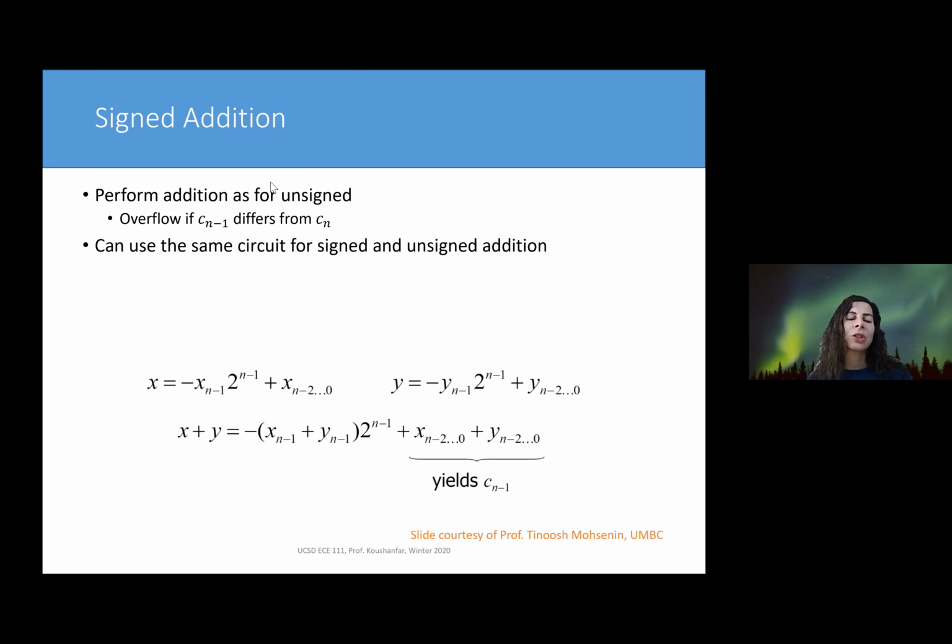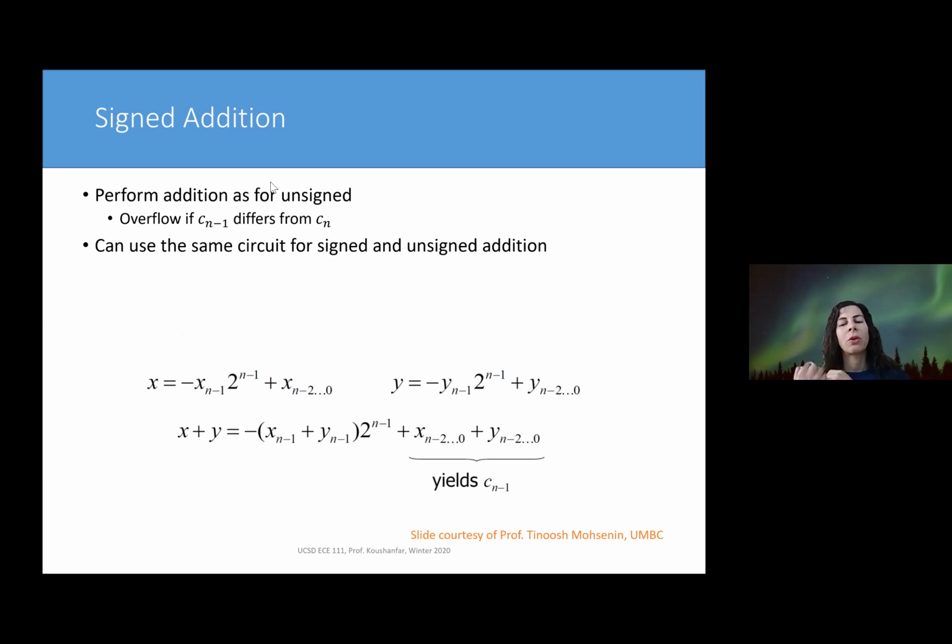The signed addition is pretty straightforward. The thing to remember is making sure that the sign bits are done correctly, and if you have 2 n-bit numbers and you add them up, you may get an overflow.